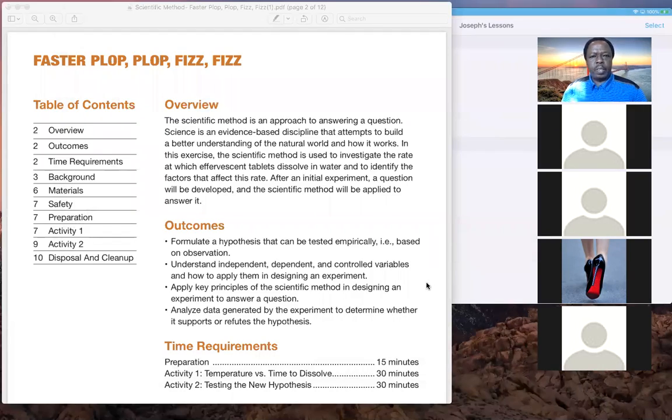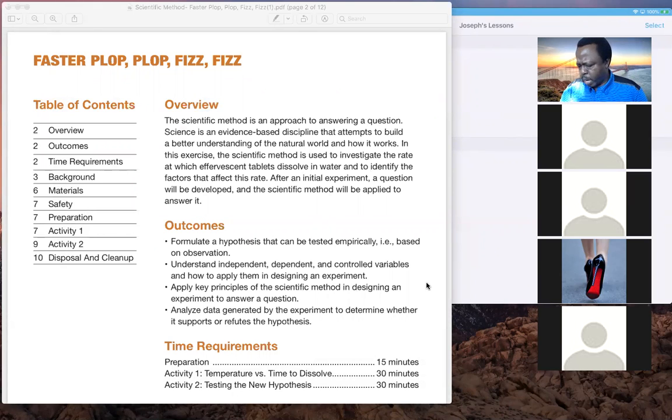I recommend that you always read the procedure before coming. However, if you did not, please go back and download it if you need to, and read the background before you start the experiment.